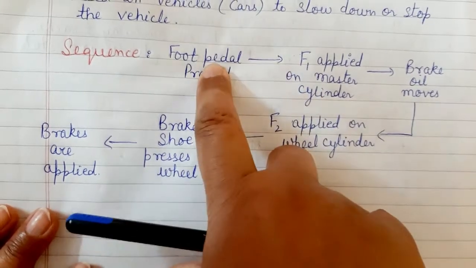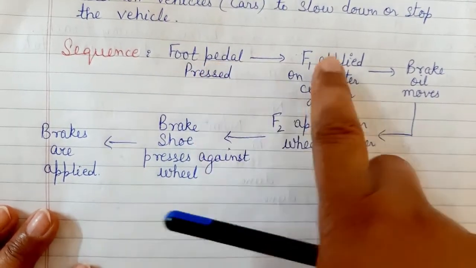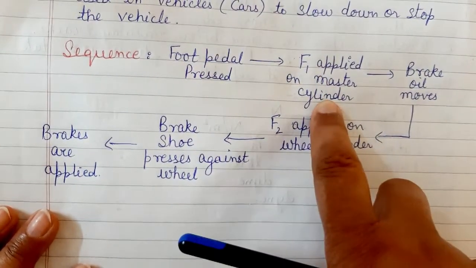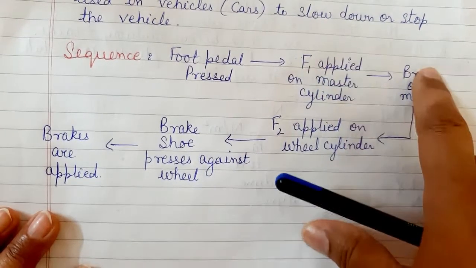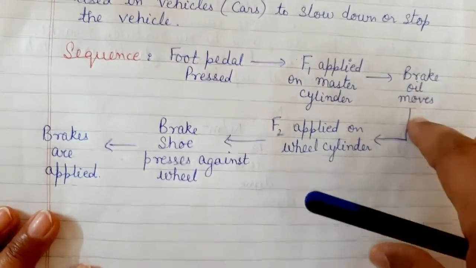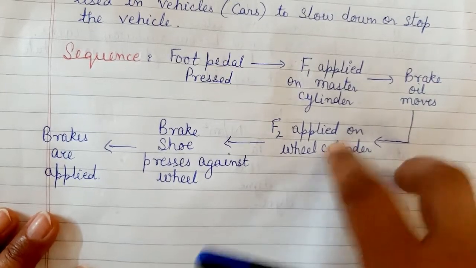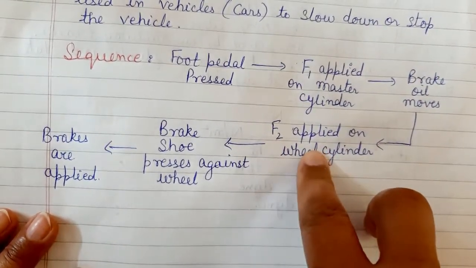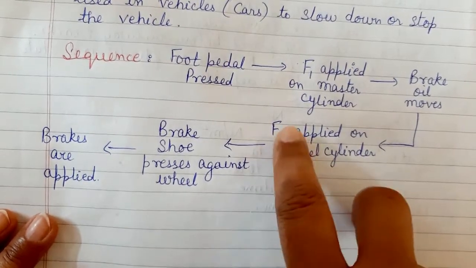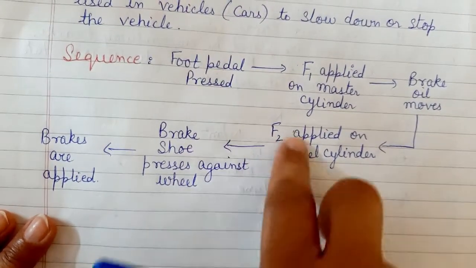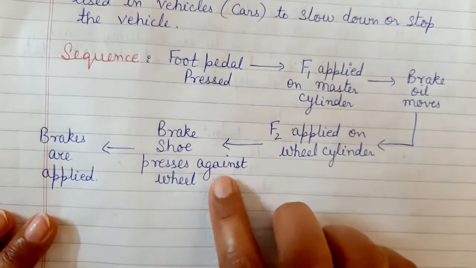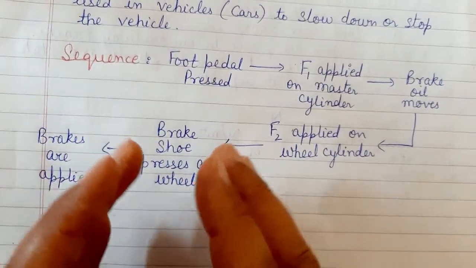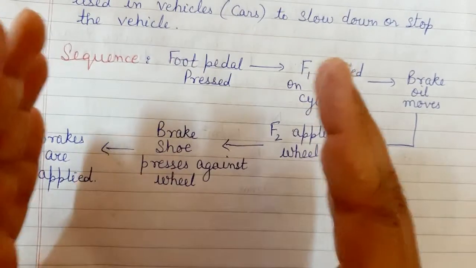So when we press the brake foot pedal, the force F1 is applied on the master cylinder, which lets the brake oil rush towards the wheel cylinder. Now when the brake oil moves to the wheel cylinder, it applies a force F2, and that force F2 is transmitted to the brake shoes, which actually press against the wheel and open up.